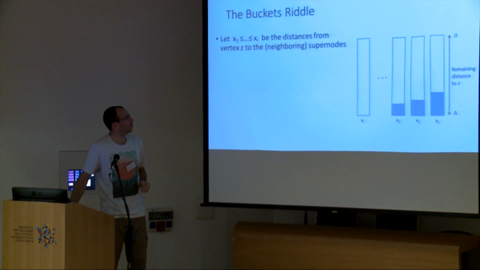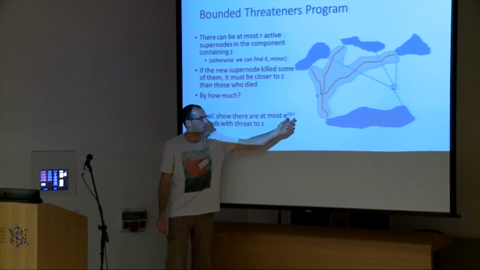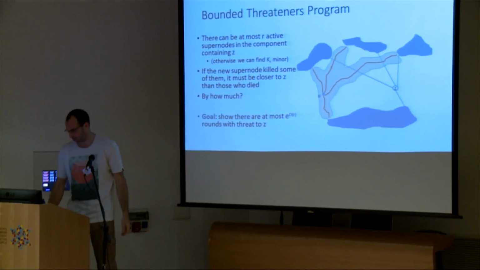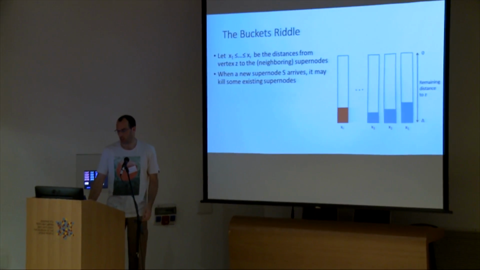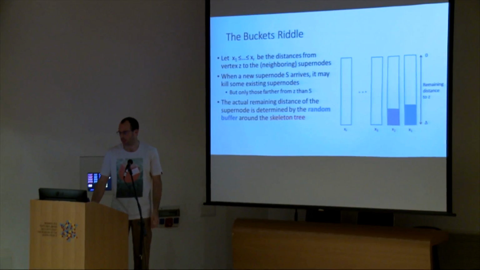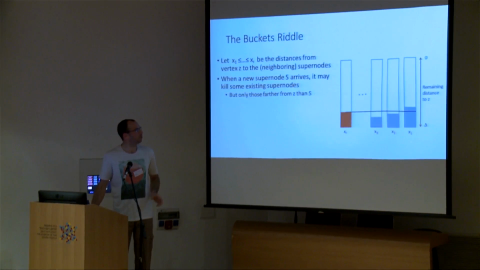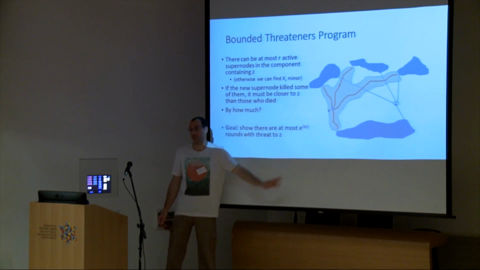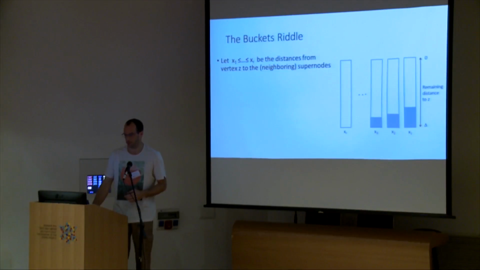which I'm going to skip. That you can show that we actually expect only an exponential in r number of rounds in which a certain point is threatened. And again, we hope, there's a certain problem which I'll skip, but we hope that you can improve this exponential number to some polynomial in r, which will then give you the optimal logarithmic in r padding.